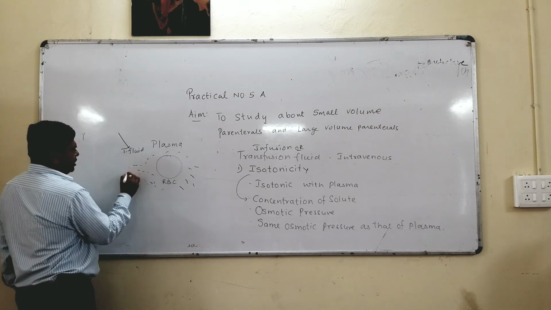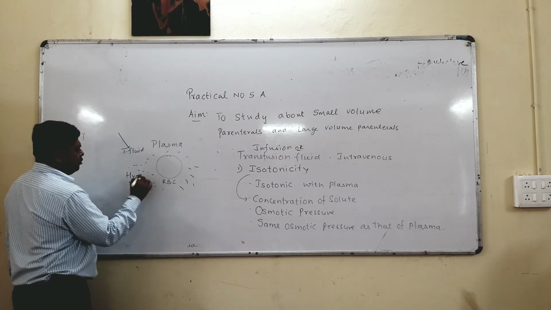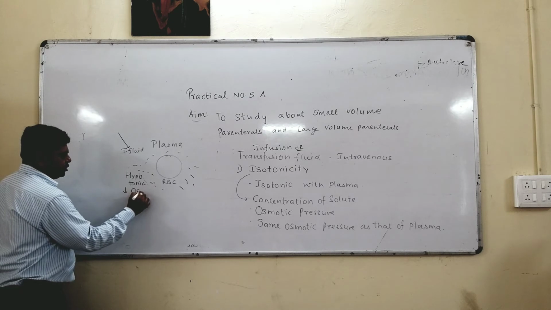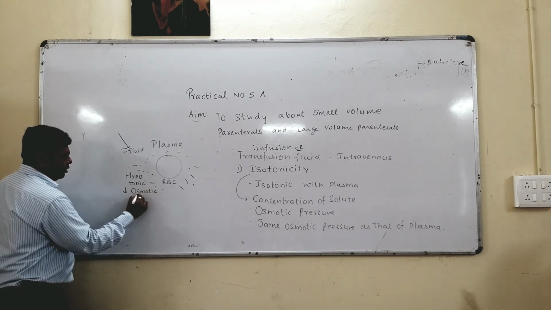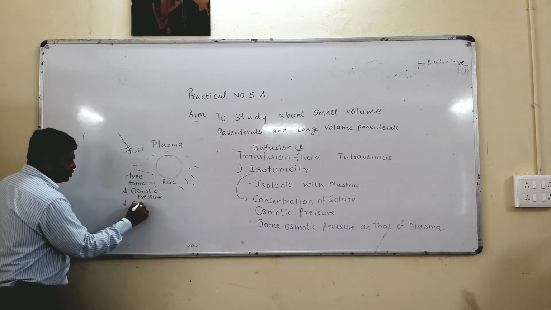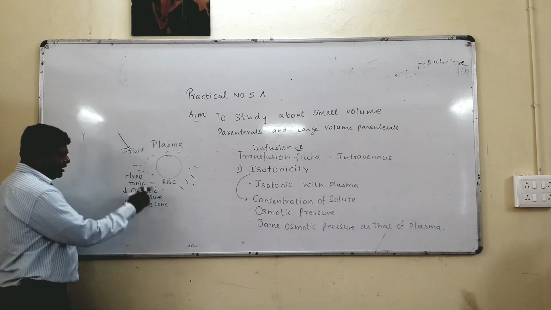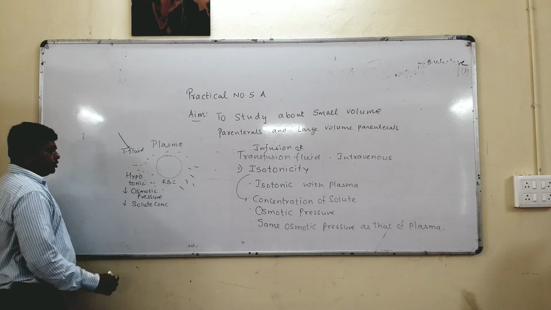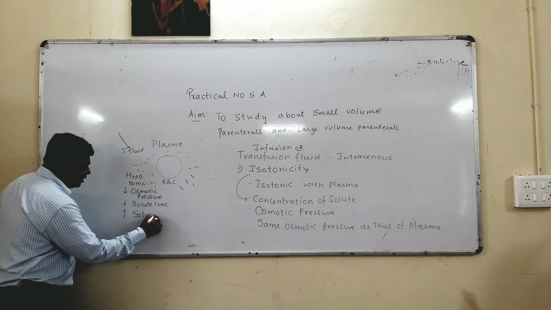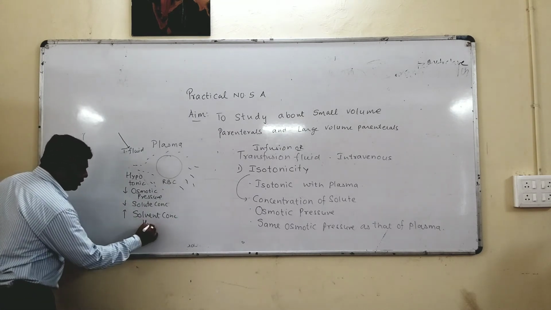Now suppose it is hypotonic. What do you mean by hypotonic? Osmotic pressure is less, because solute concentration is less in this fluid. So if solute is less, naturally solvent concentration is higher. Water, H2O, is higher.